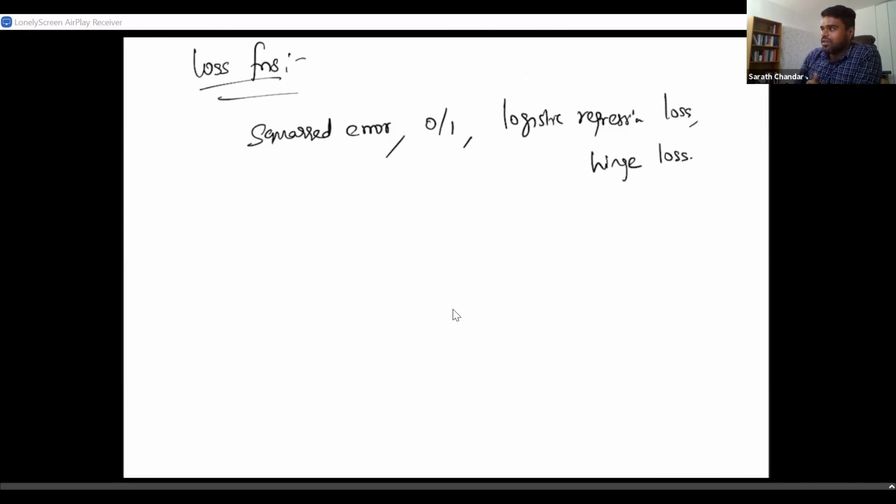So probably it's better if someone raises a hand and tells me the answer. Any answer? Someone wants to tell me which loss function do we really care about, and why do we have so many loss functions? Hand raise, please.